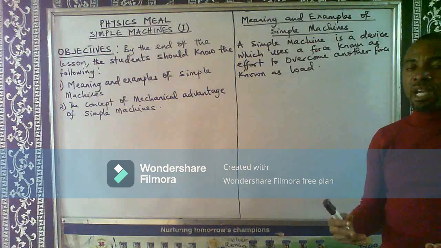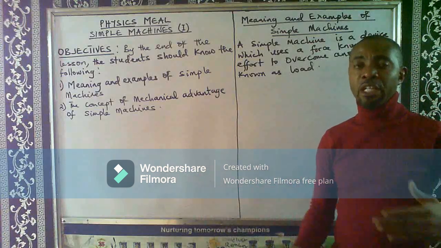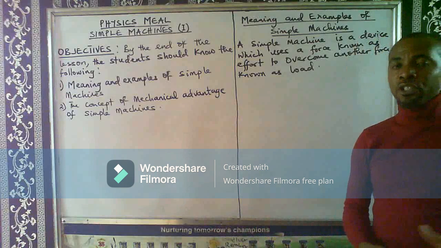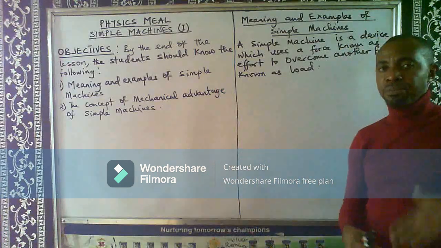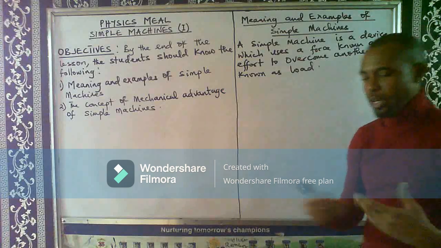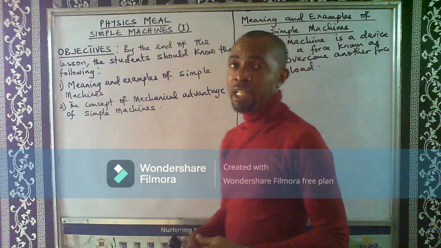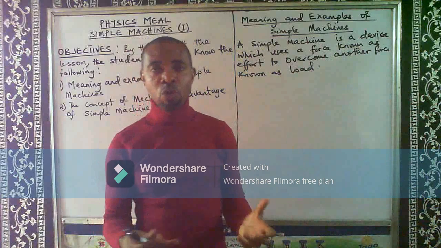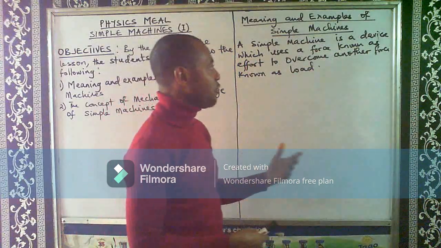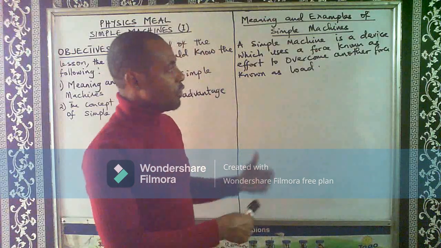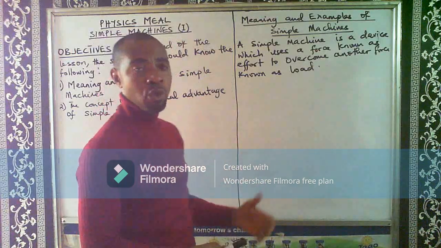So in a machine, we have application of force in order to overcome another force. The force we apply is the effort, while the force we are going to overcome using a machine is the load. So we say a simple machine is a device which uses a force known as effort to overcome another force known as load.